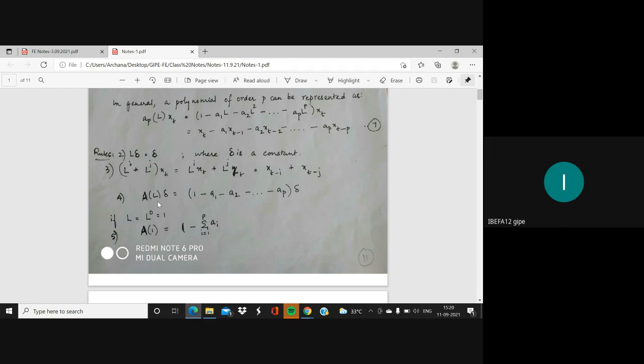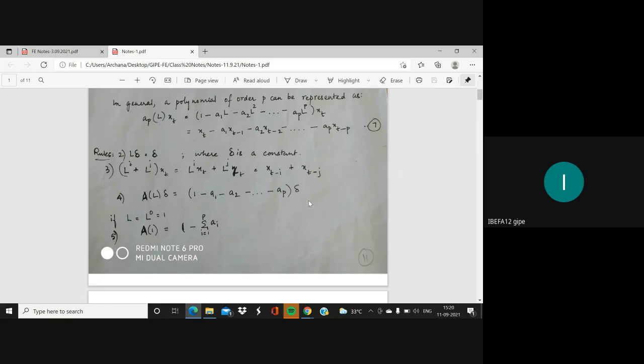If you now look at this fourth point over here, A(L) in brackets and delta. Delta is that constant that we were talking about here. If I'm taking lags of a constant, it will be equal to that constant itself. Now assume that I'm going to take p lags of that constant.